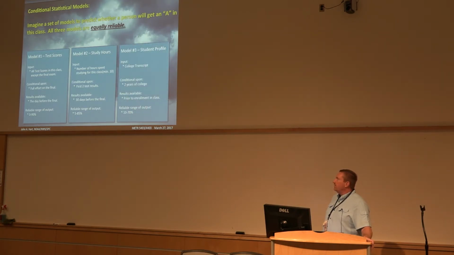And then there's model number 3. All it looks at is your college transcript, all the classes you've taken before you even enroll in this class. You have to have gone to school for 2 years. And before you even enroll in this class, it's going to give you a reliable estimate of whether you can get an A in this course. The reliability goes down. Maybe its max forecast is 70%.